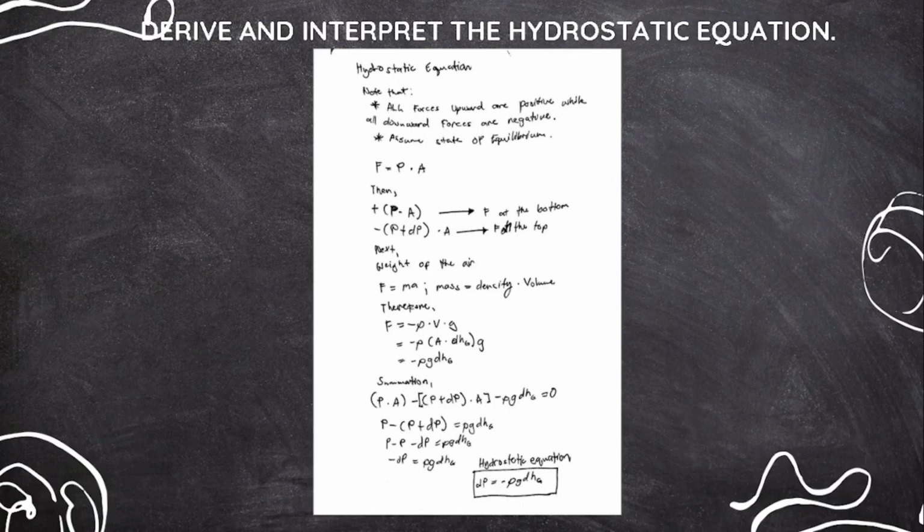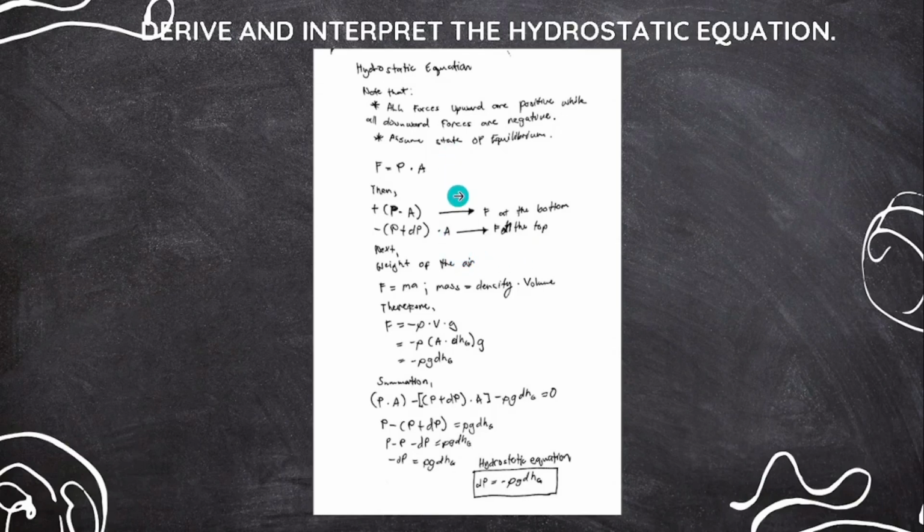First, we know that force is equal to pressure times area. Then we have the force at the bottom, which is positive since it is going upward, while the top force is negative because it is going downward.